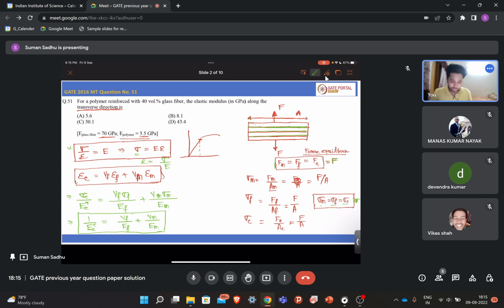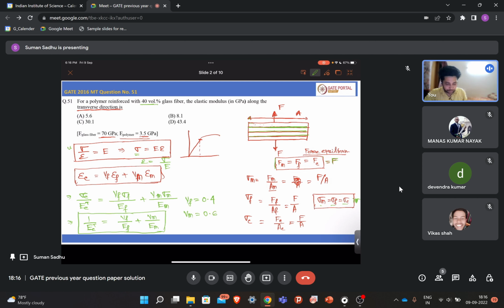So this is the relation between the elastic modulus of the composite with the elastic modulus of the fiber and the matrix. Now what are the values given to us? Volume fraction of the fiber is given. So V of F is given. This is 40%. That means the fraction is 0.4, right? So then what will be the volume fraction of the matrix? Anyone? 0.6. Yes. So 1 minus 0.4, that means 0.6.